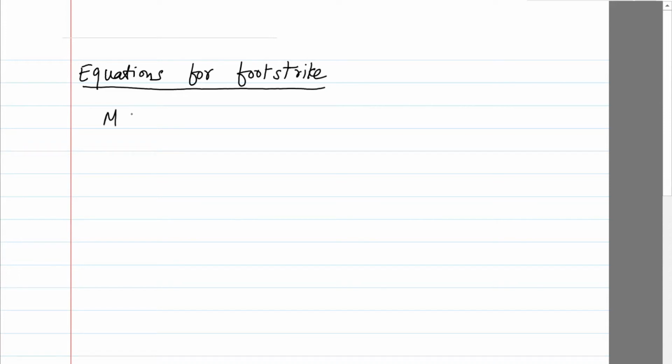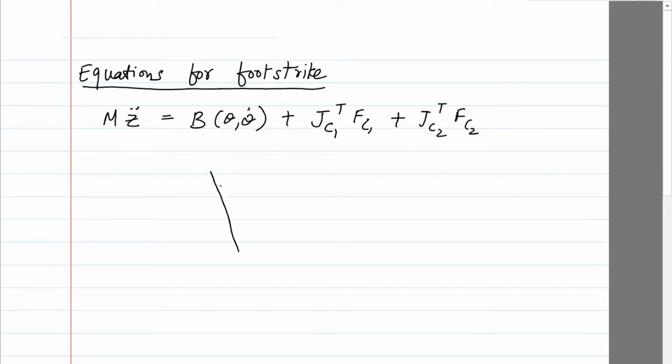Mass matrix times z double dot equals b of theta, theta dot, plus the Jacobian of point C1, and I'll draw the figure again in case you've forgotten: J C1 transpose F C1 plus J C2 transpose F C2, and that was for this figure.